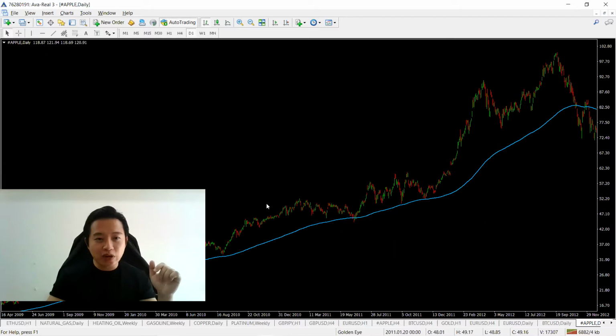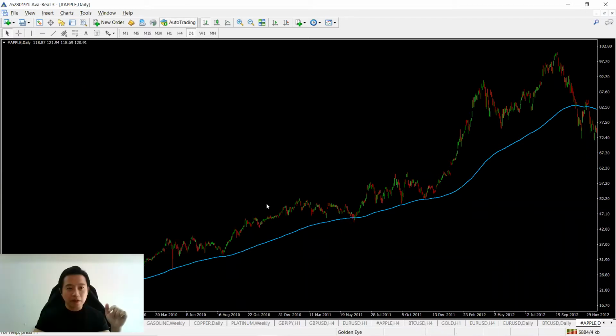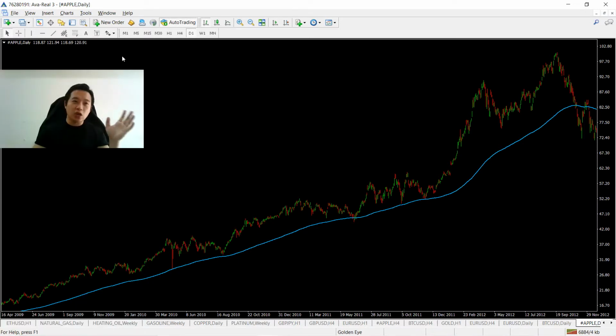This is the 200 EMA, and we place it on stock. We use Apple as an example. Here we can see it's so beautiful, right? The Apple stock is in an uptrend, and price has been above the 200 EMA for the longest time, right? So that is very nice.